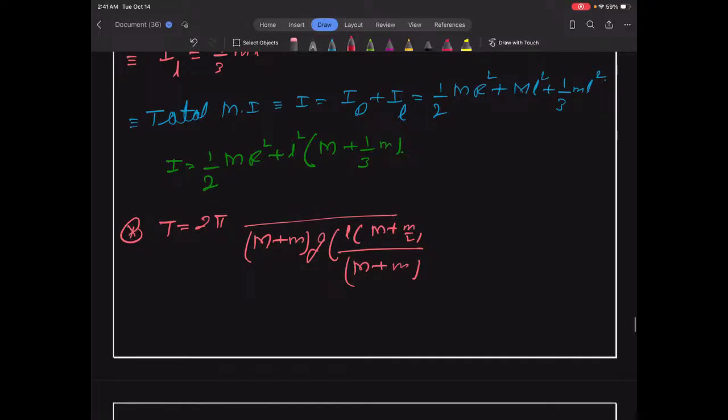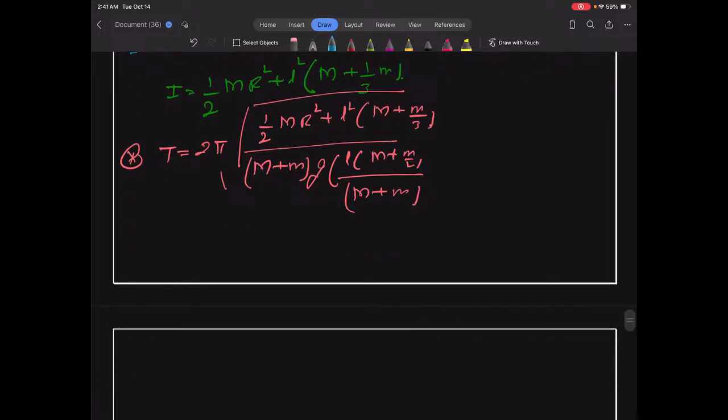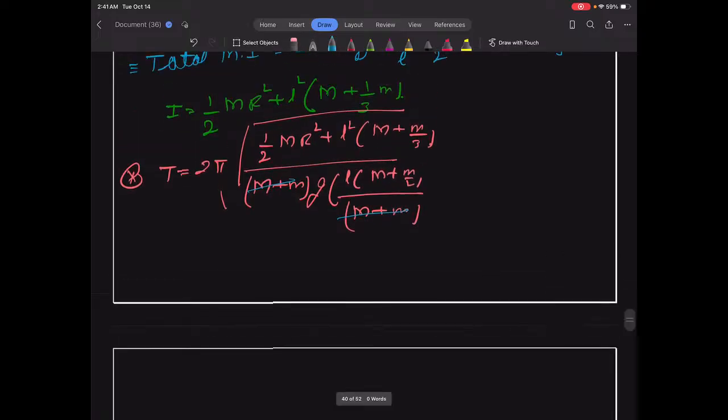In the numerator it is half M R square plus L square, capital M plus small m by 3, and its square root. This M plus m cancels out, and we can just keep it as it is. There is no need to further solve it.